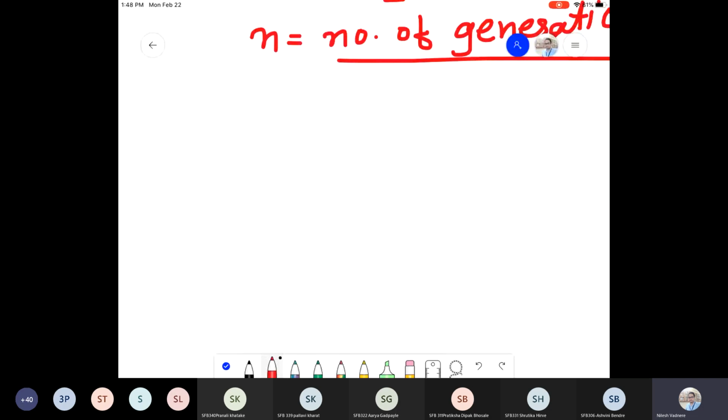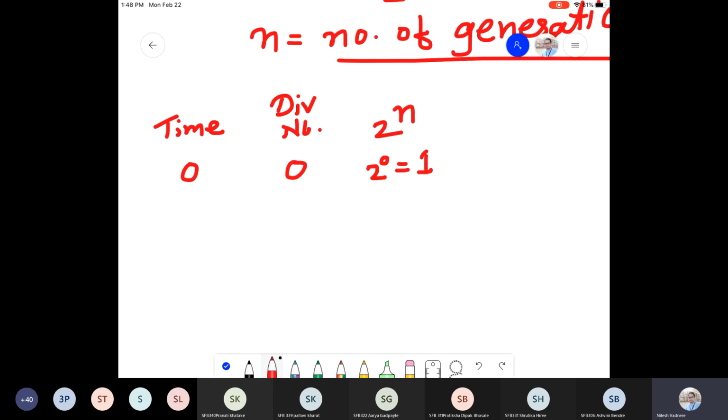Suppose we are writing it in tabular form. The first column is minutes, then the division number, and then the corresponding value for 2 raised to n. So suppose time is 0 minutes, so division will be 0. Therefore, 2 raised to 0 is equal to 1.